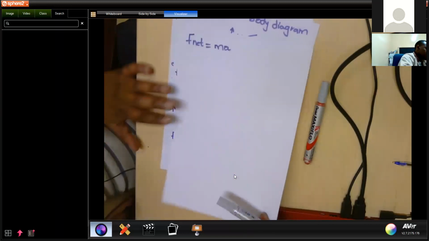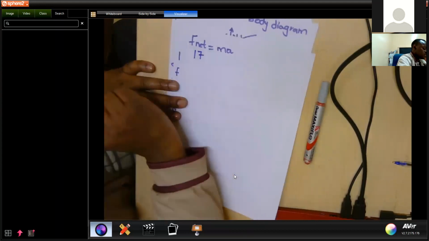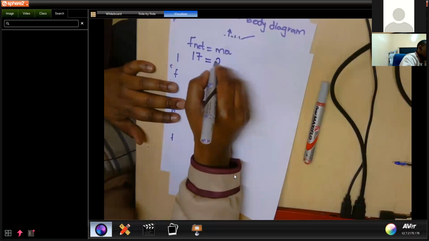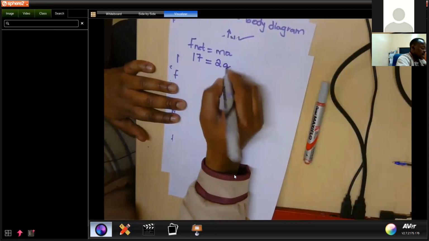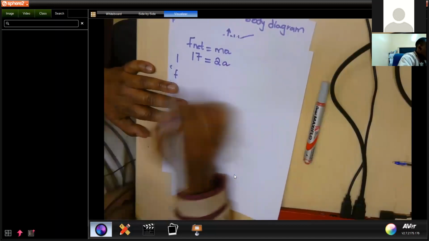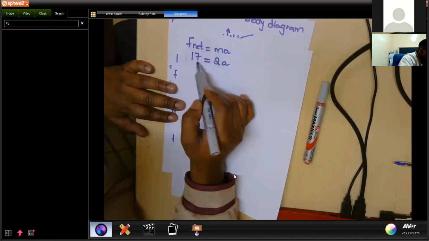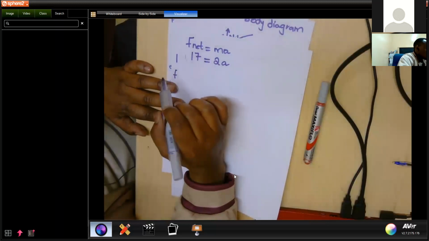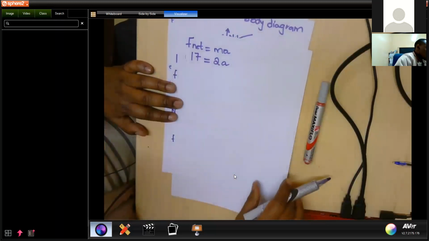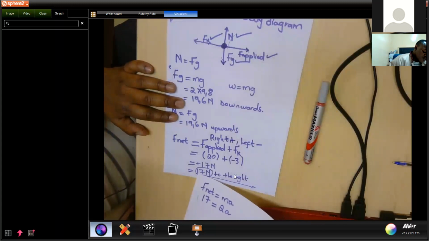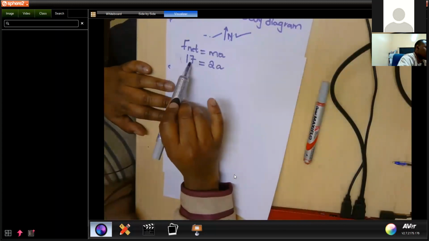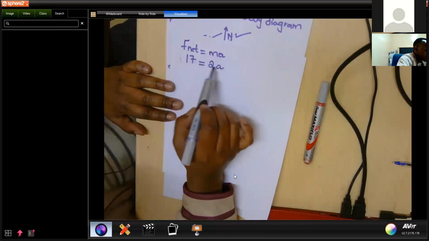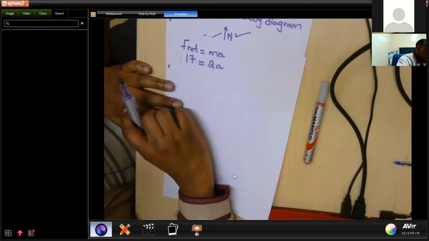So F net is 17, and this is equal to the mass, which is 2, multiplied by acceleration. Remember, when we substitute the net force here, you must definitely substitute it with direction. So the net force was positive, and hence I substituted a positive 17.